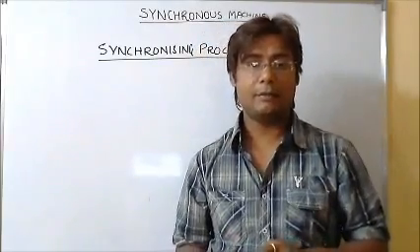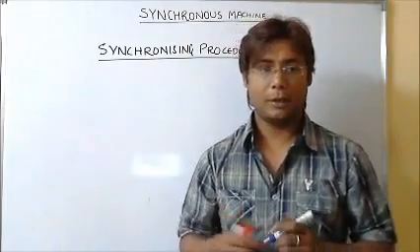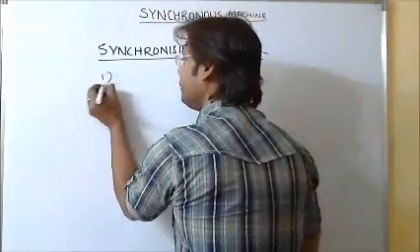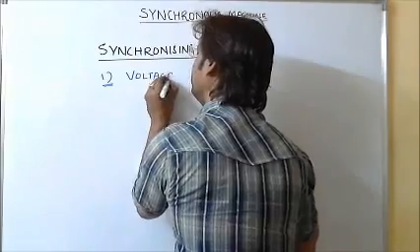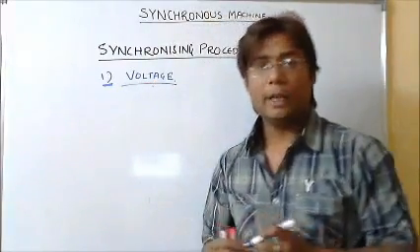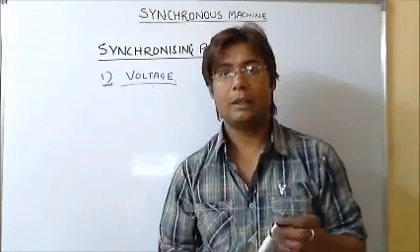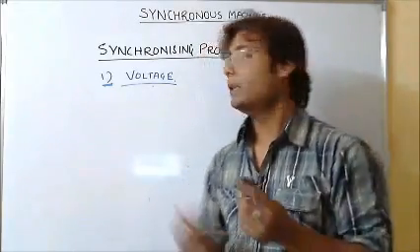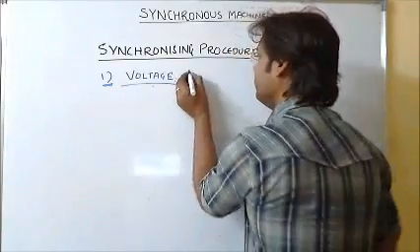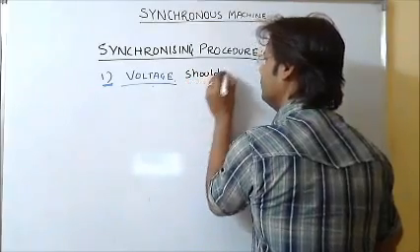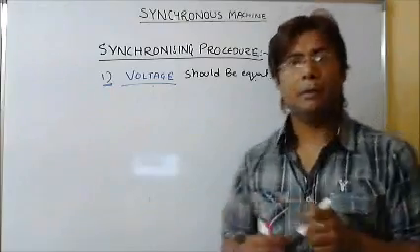The first condition which should be fulfilled in the synchronizing procedure is that the voltage of the incoming generator must be equal to that of the bus bar or the generators working in parallel.